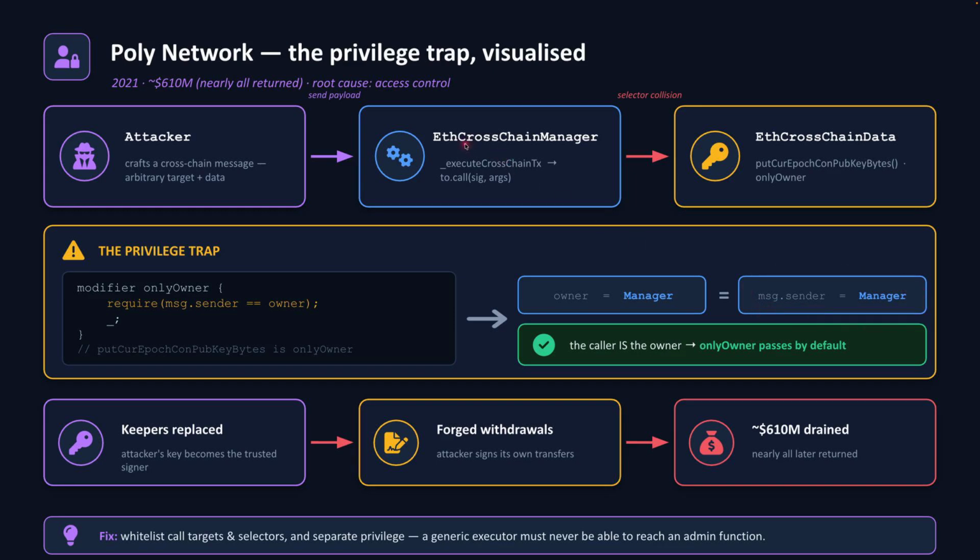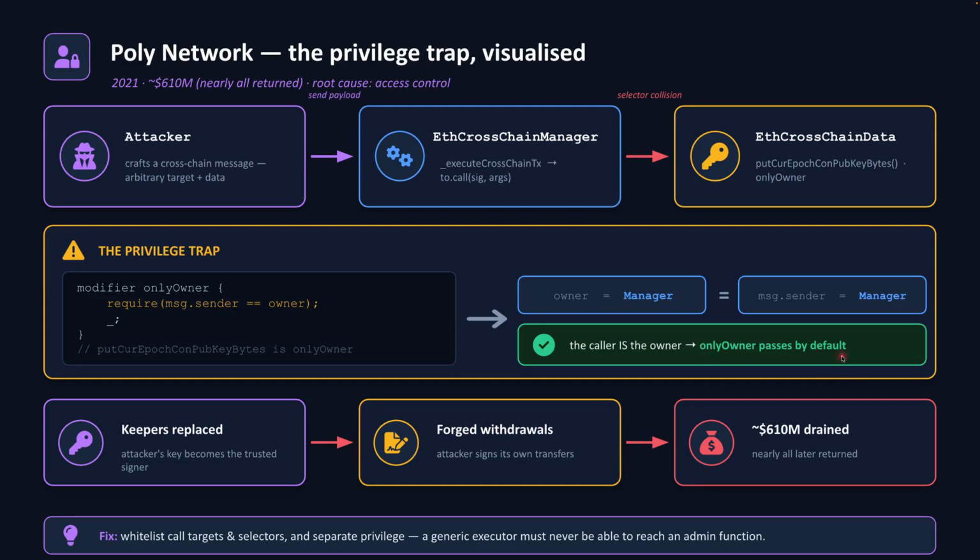Because from within this contract, the attacker created an arbitrary target and data wherein the signature was that of this function and the arguments were those this function accepted. This modifier was bypassed because this function was being called from within the same contract, due to which the msg.sender equal to owner check passed. The caller is the owner, so onlyOwner passed by default.